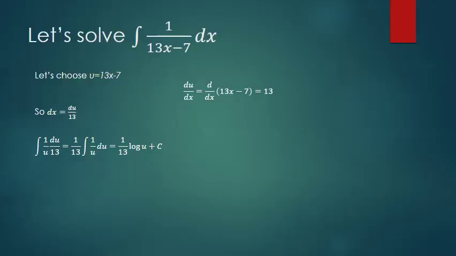Using this result to rewrite our original integral, using u equal to 13x minus 7 and replacing dx with du over 13, we will have this expression: 1 over 13 times the integral of 1 over u du. In this case, it will be 1/13 times log of u plus c.